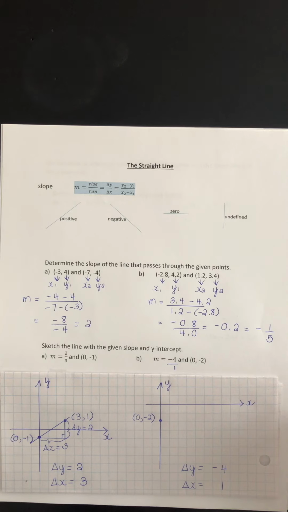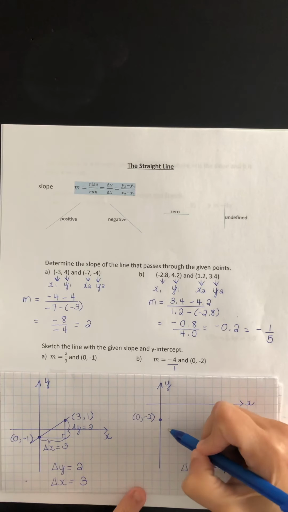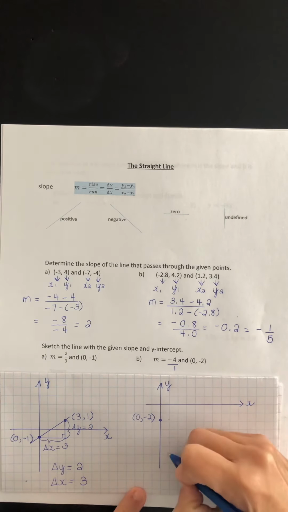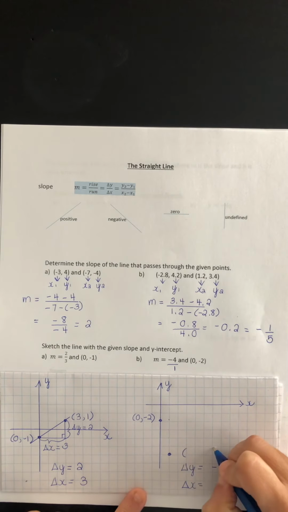So I can find a second point on this line if I go 1 to the right, +1 for x, and 4 down, since the rise is negative. So 1 to the right and 4 down puts the second point right here.